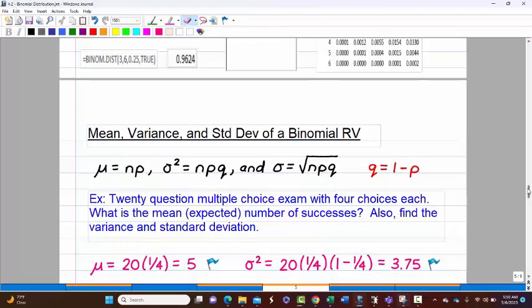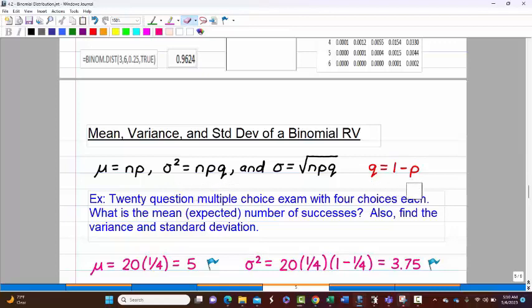Now, unlike the last section, this has a real nice formula for mean, variance, and standard deviation, quick and easy. There's no built-in program in Excel or the calculator, but there doesn't need to be for this because it's no trouble. The mean is just n times p, and the variance is npq.